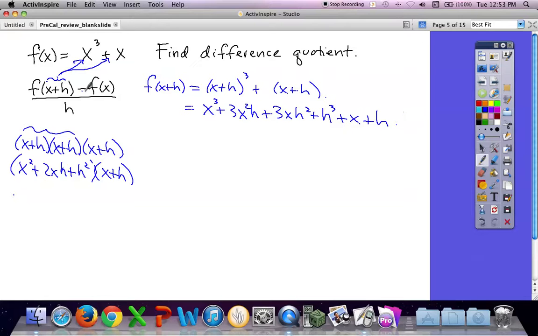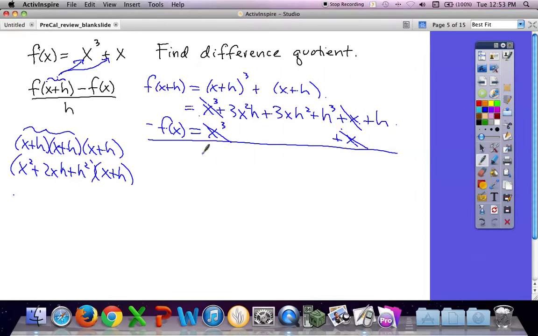Okay, subtract the f of x, x to the third plus x. Remember, when you do the subtract, every term that does not have an h in it should cancel. So x to the third minus x to the third cancel. x minus x cancel.